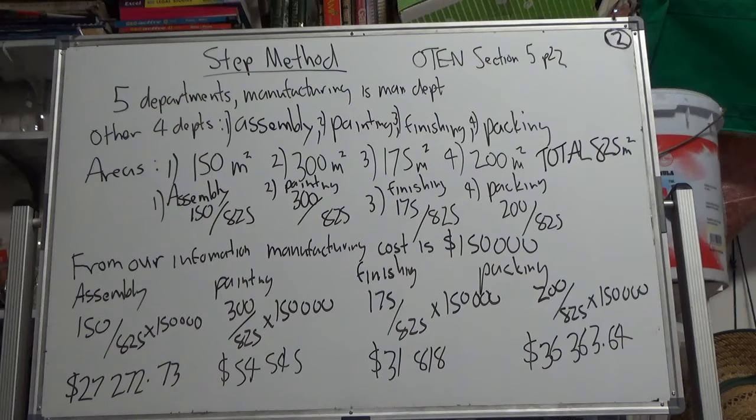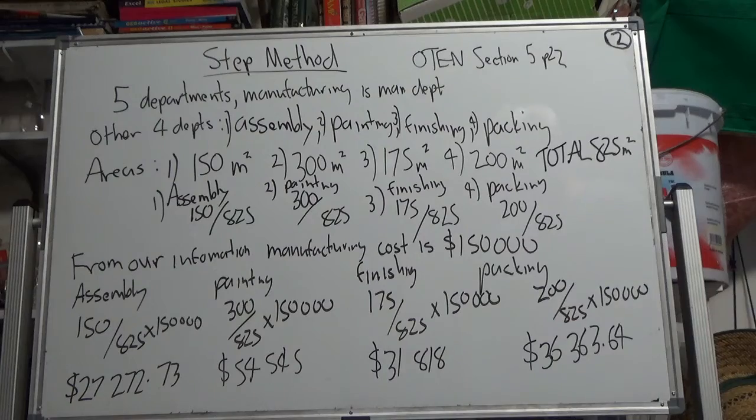How this works is you're allocating service departments, which are other departments not manufacturing. You're allocating a rate to manufacturing. Okay, and I took an example from O10 section 5 page 22, but I changed the figures, the same methodology.